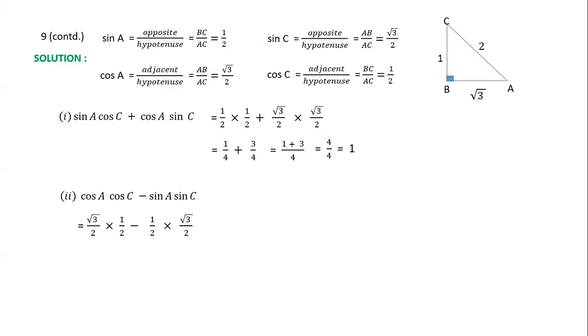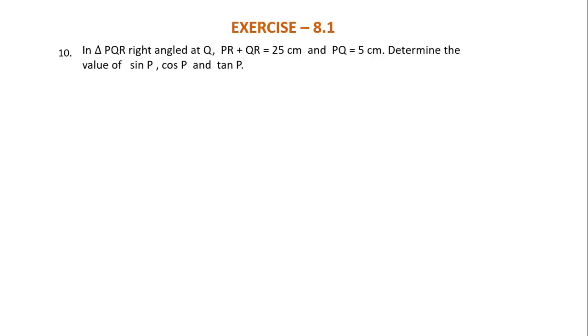10th question. In triangle PQR, right angled at Q, PR plus QR is 25 and PQ is 5. Determine the value of sin P, cos P and tan P. So an expression is given. It is a sum of the two side lengths, PR plus QR.